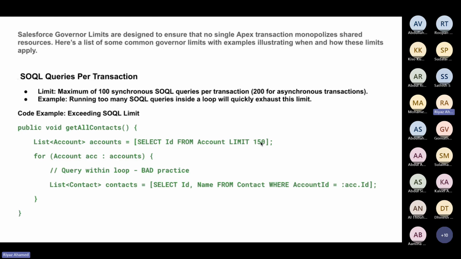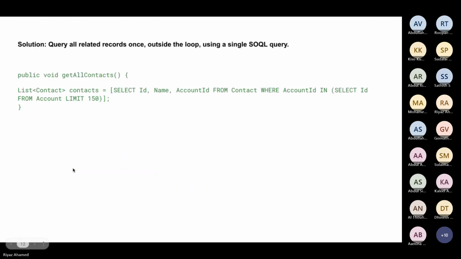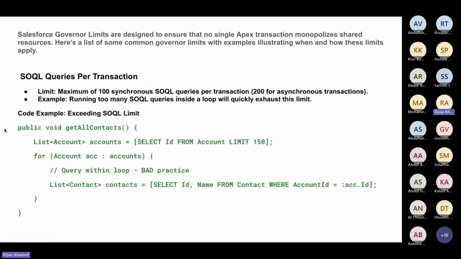Here the limit is 150, and the for loop runs 150 times. To avoid this, we need to create one method. In this method, see how we are updating. We are putting it as a list. Inside the list, we are taking the account from contact where account ID is this one. So by using this code, we avoid this SOQL limit.